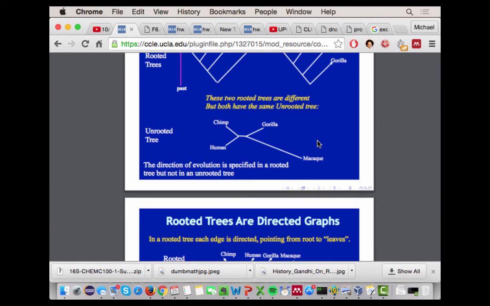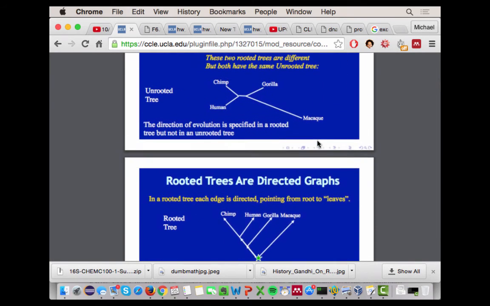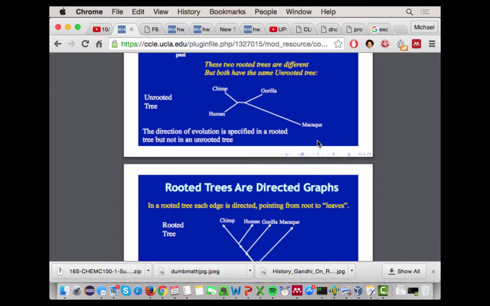Correct. Was that what you were asking, or were you asking where the root would be? Imagine you made the line to macaque the same length as the gorilla, then that would be an unrooted tree, but the MCA is still... it depends on where you put your root, is the answer.